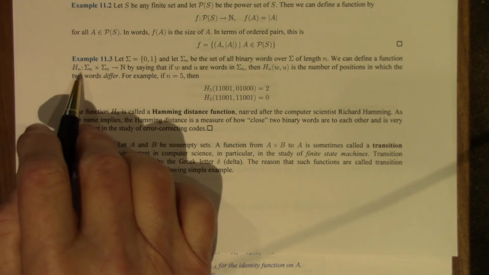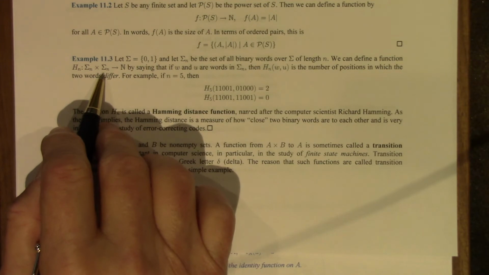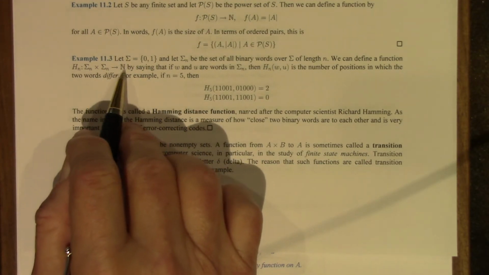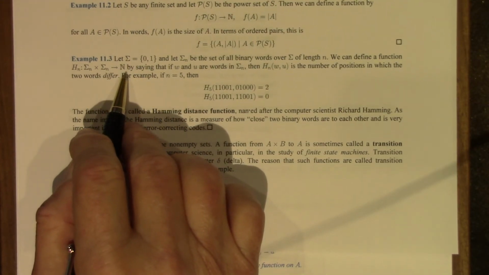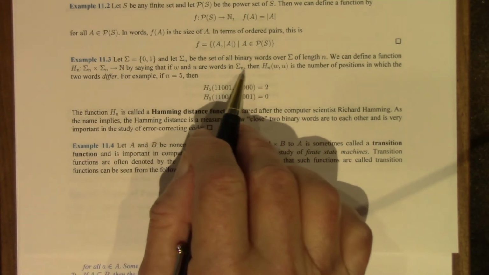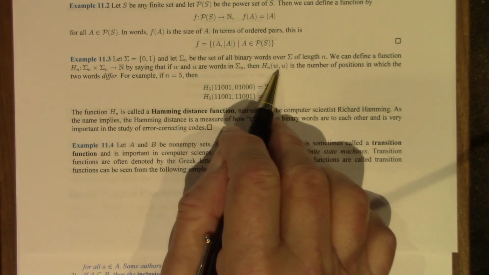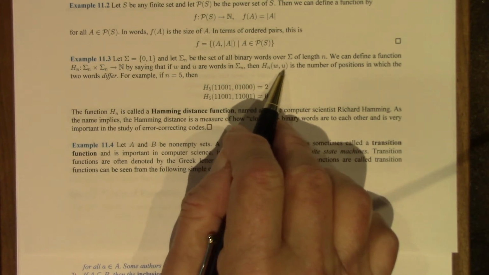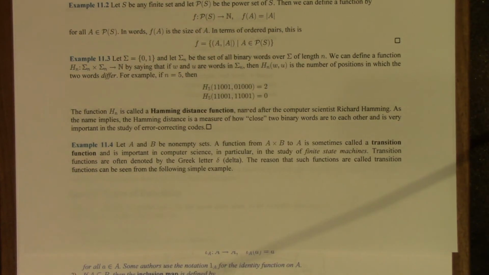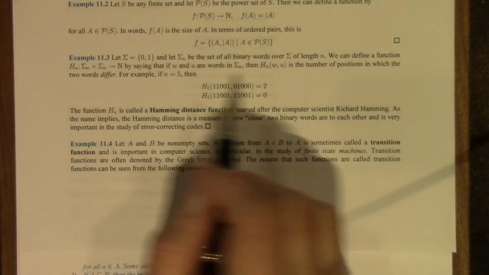We can define a function h sub n, from the Cartesian product of sigma n with itself to the natural numbers, by saying that if we have two words, w and u, in sigma n, then the function sends this ordered pair (w, u) to the number of positions in the words in which they differ. So an example will make this clear.